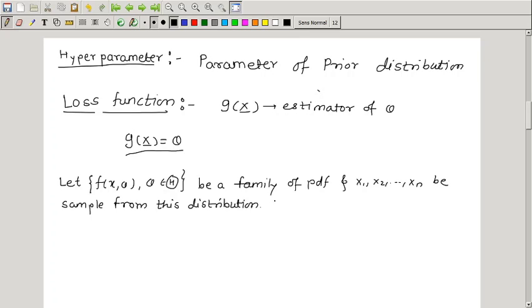Once the sample points are observed, we can take an action on the basis of this data. So let A be the set of all actions or decisions.